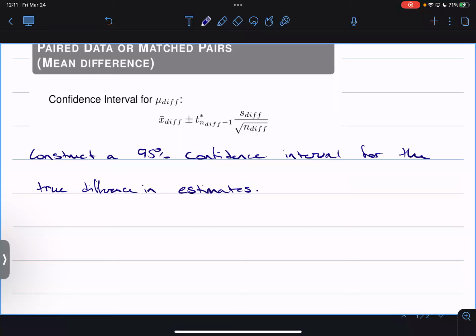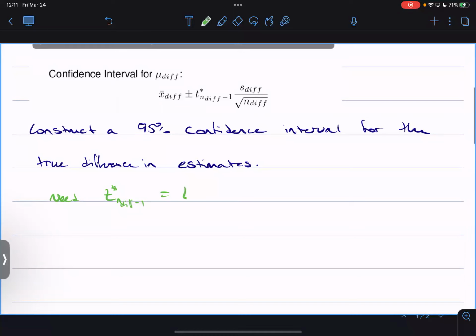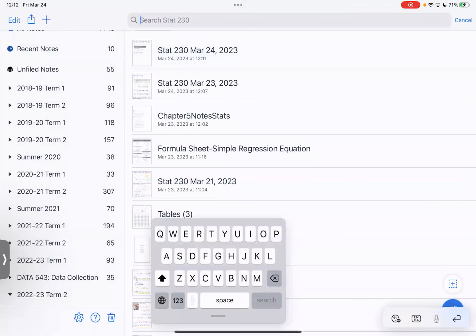So we need T star. We need T star at n diff minus 1 degrees of freedom, which is a T star of 9 degrees of freedom, because we had 9 cars, for a 95% confidence interval.